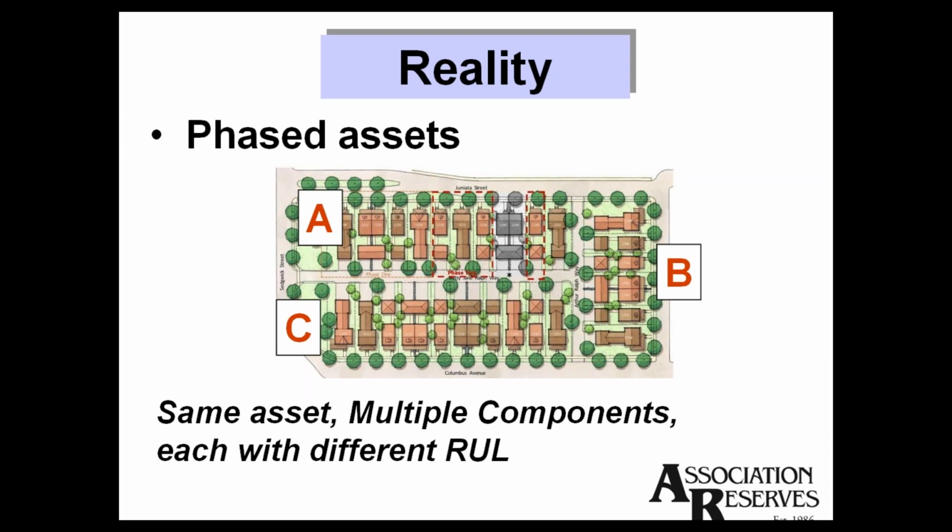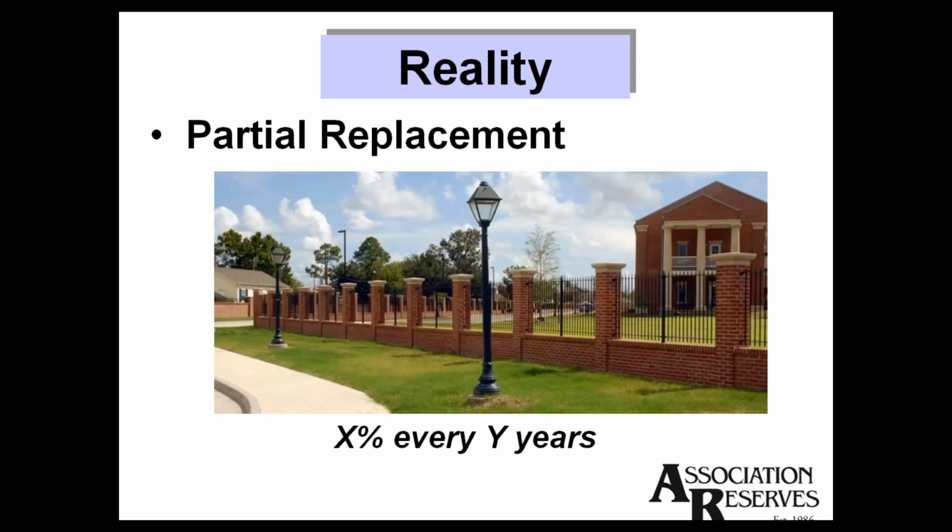Remember that the four-part test requires a component needs a distinct remaining useful life. So if you've only done part of a larger project, spend the money from reserves and then separate out the project in your reserve component list so each phase or each age of the project is clearly identified. And suppose you have a whole lot of something.